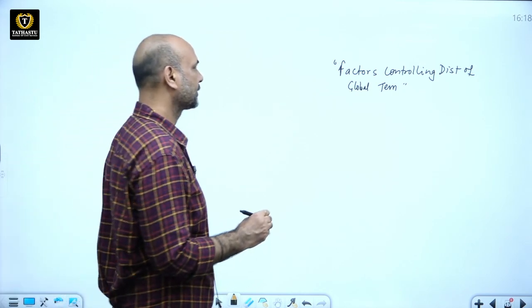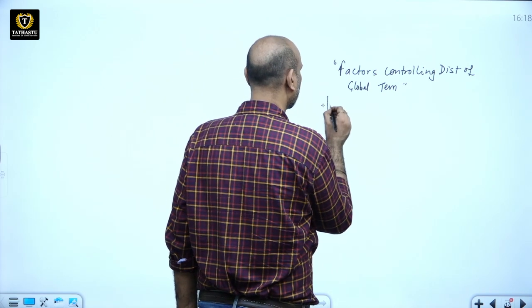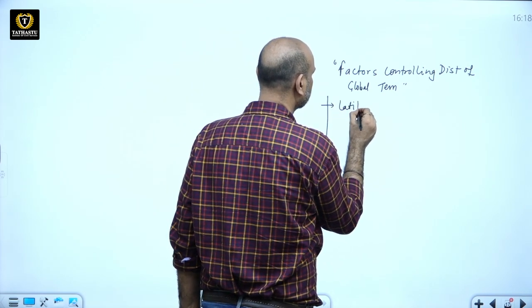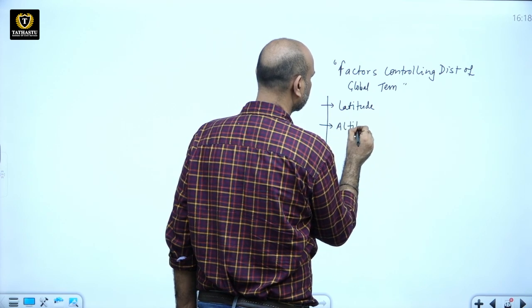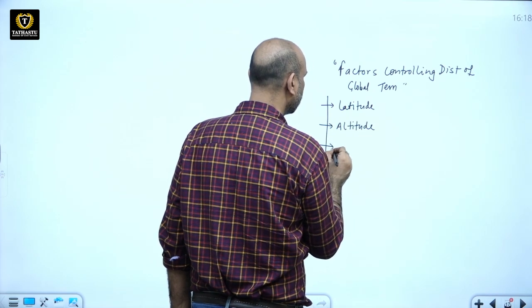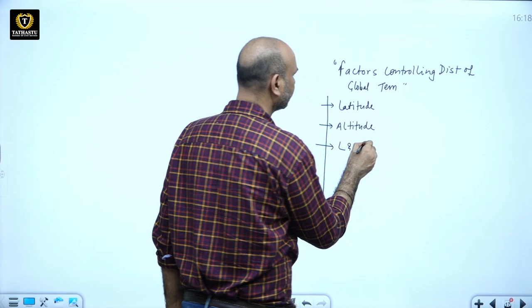These are the factors. First is latitude. Second is altitude. Third is distribution of land and water.